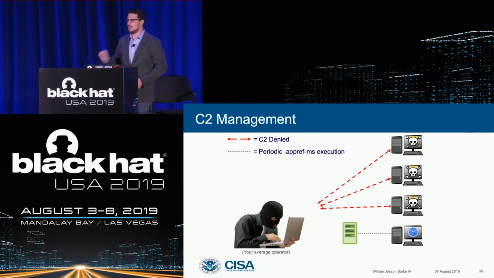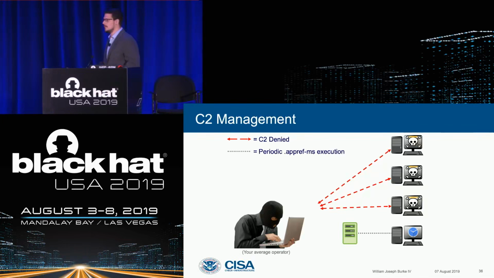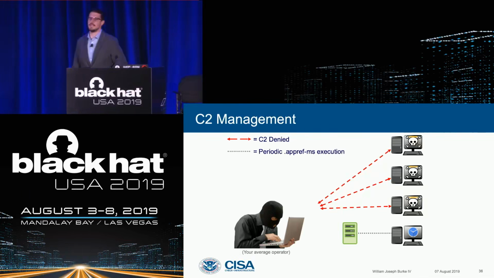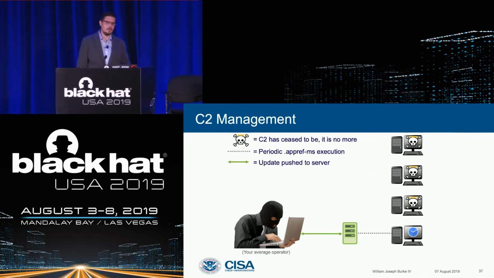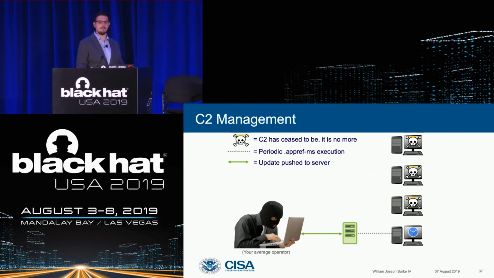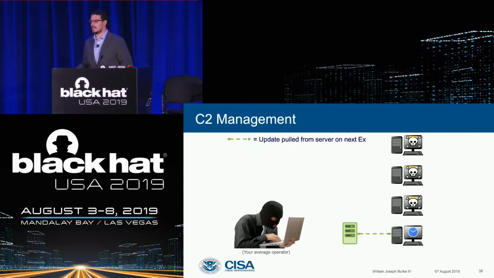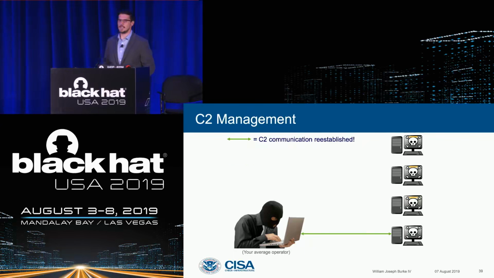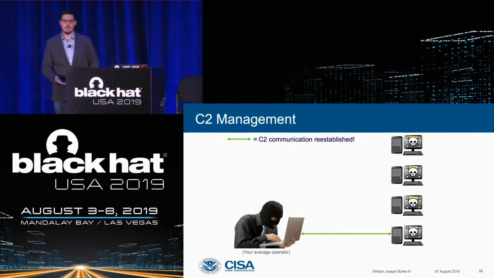It's literally just a do-nothing application that is set to execute, but it checks for those updates whenever it does execute. Now that we're burned out, we don't have access anymore. All we need to do is push an update to that deployment server, and the next time that Appref MS file checks in, it'll download, execute, and run the updated application, reestablishing us in the network.